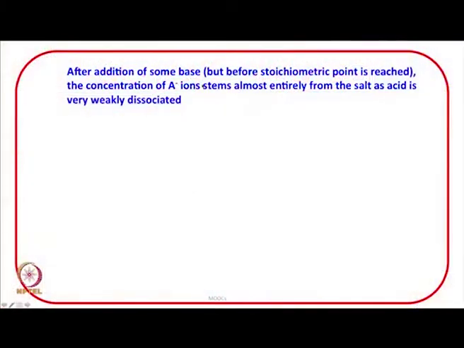After addition of some base, that is before the stoichiometric point is reached, the concentration of A minus ions will come almost entirely from the salt, as the acid is very weakly dissociated. So HA gives A minus ion, and the A minus ion stems almost entirely from the salt, which is formed as a product.